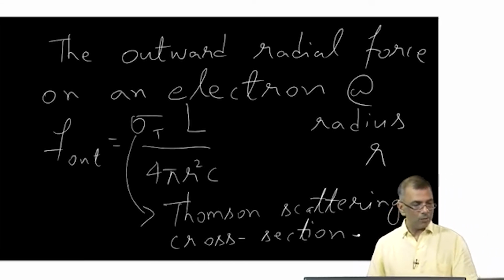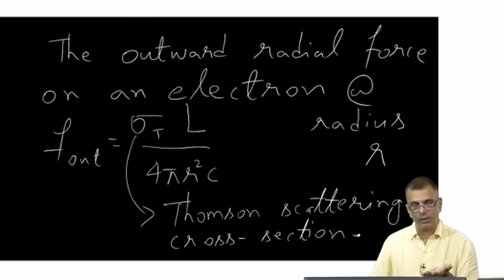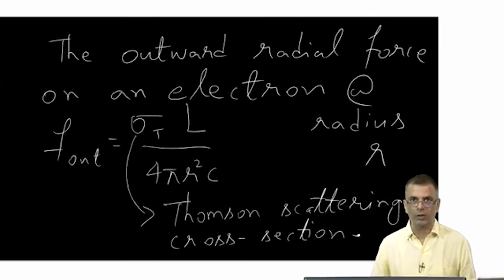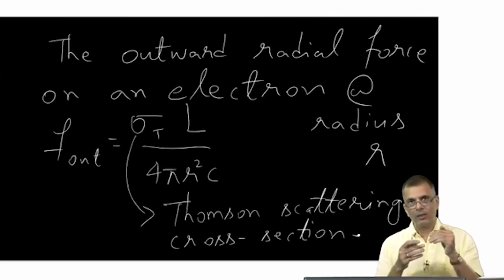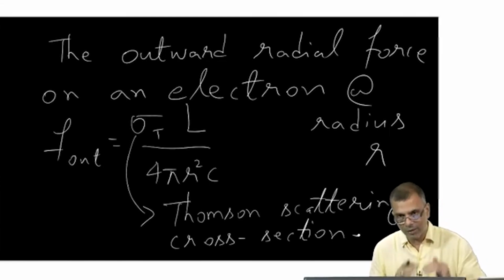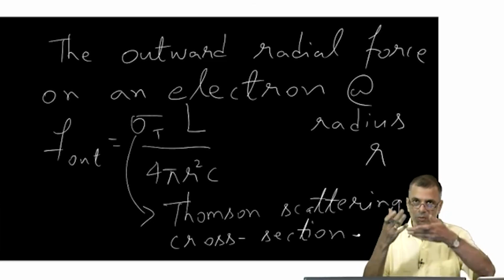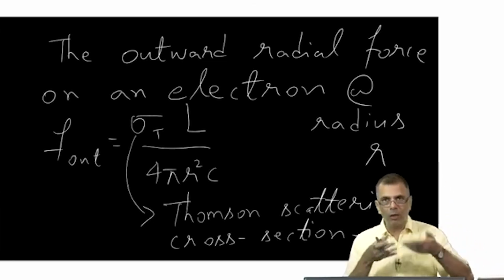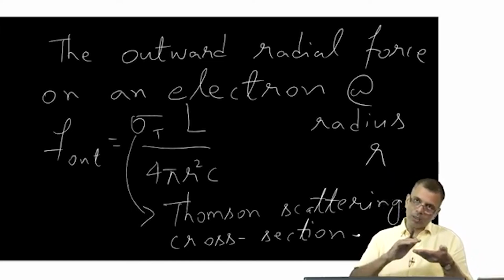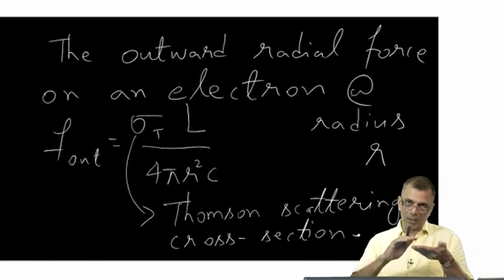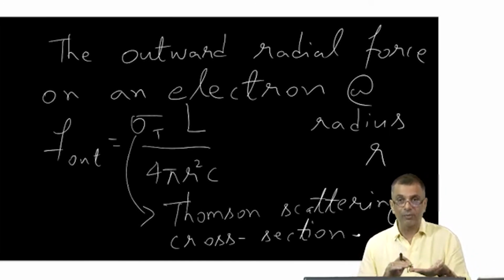Okay, so now what about a proton? You see, the electron is feeling the outward force, but the electron also drags a proton with it, because the electrons and protons are bound via Coulomb forces. So the outward force is transmitted to a proton via the Coulomb coupling, and electrons and protons had better remain together in order to maintain charge neutrality.